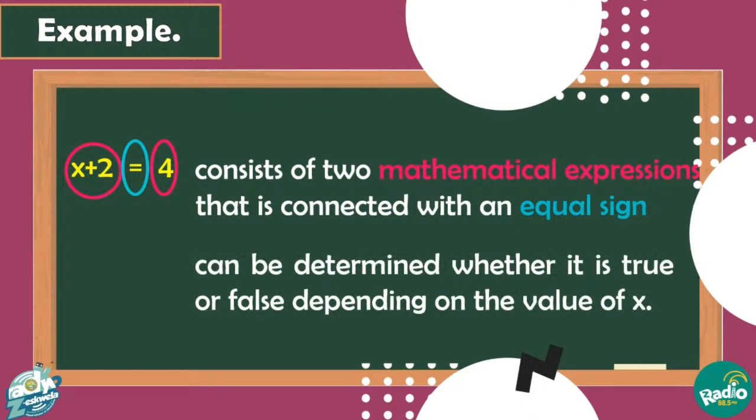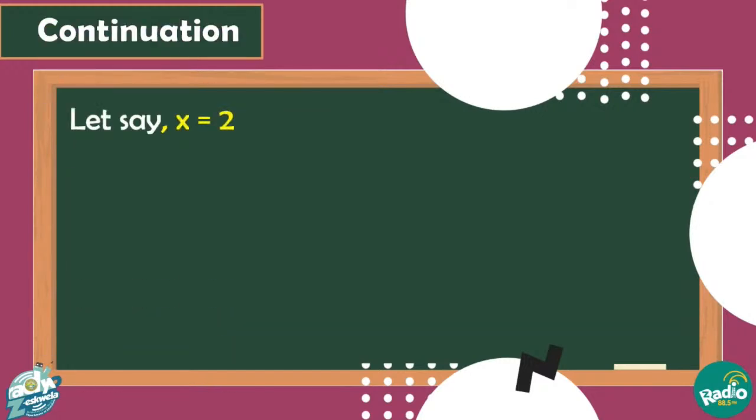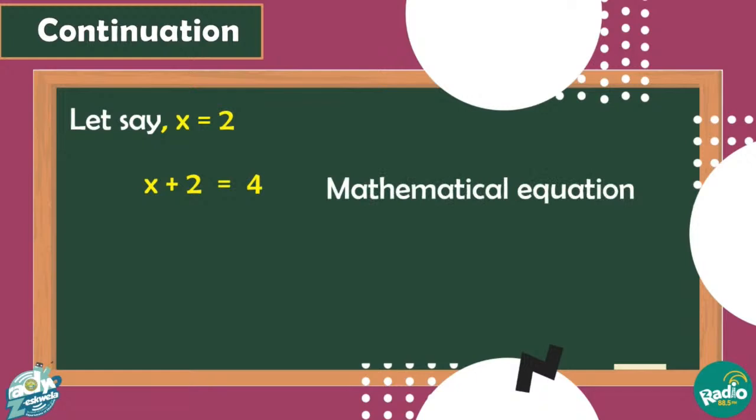This can be determined whether it is true or false depending on the value of x. Let's say x is equal to 2. This value of x will be replaced to the variable x in our mathematical equation, which is x plus 2 is equal to 4. And by substituting, we got 2 plus 2 is equal to 4.